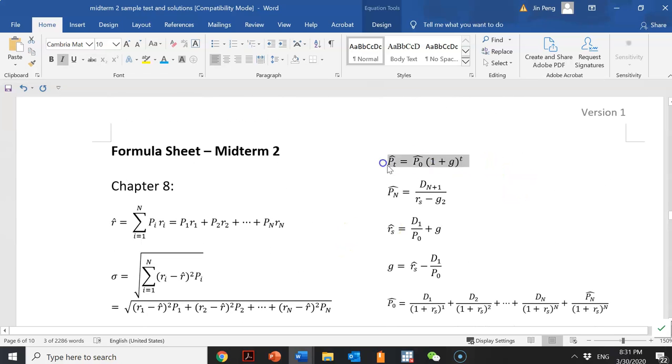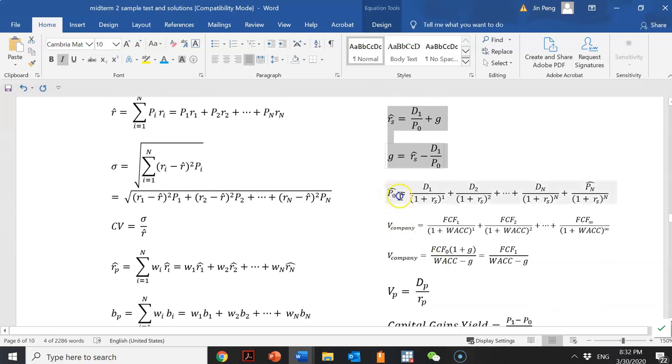This equation tells us that if price grows at the rate of g, then Pt equals P0 multiplied by 1 plus g to the power of t. Pn equals Dn plus 1 over Rs minus g for the two-stage model. Rs equals D1 over P0 plus g. g equals Rs minus D1 over P0. These two are the alternative versions of the original constant growth model. And this is the two-stage model.